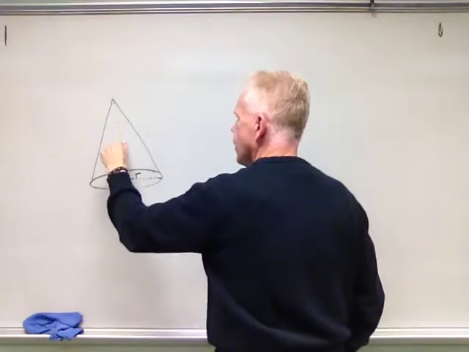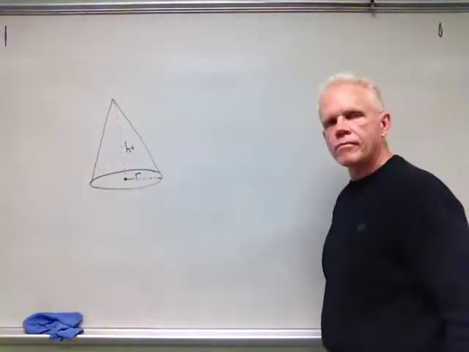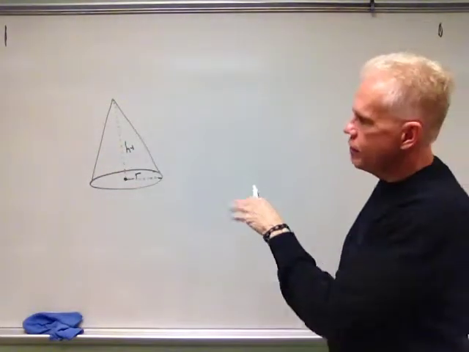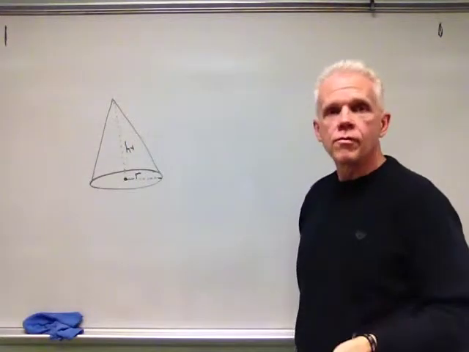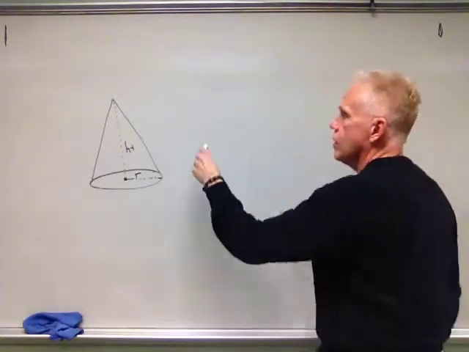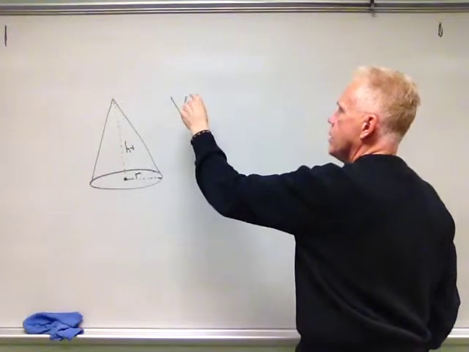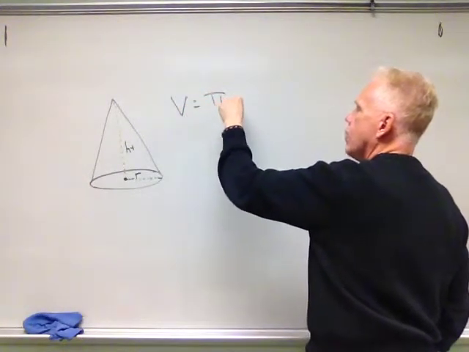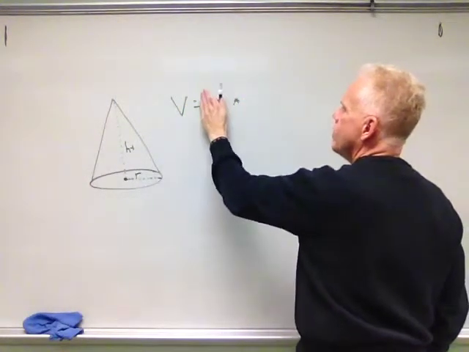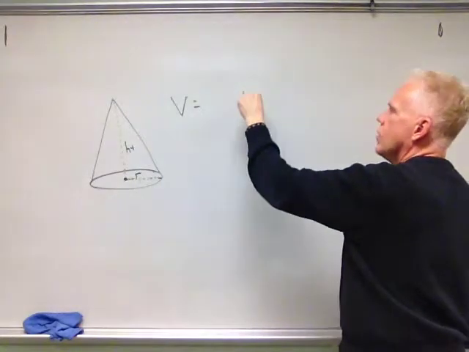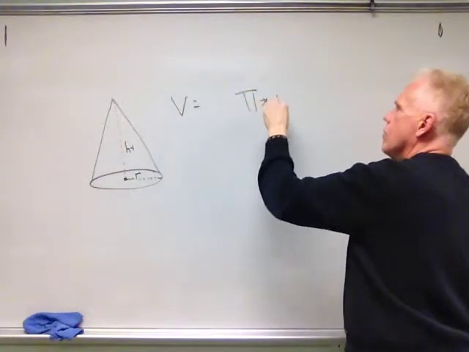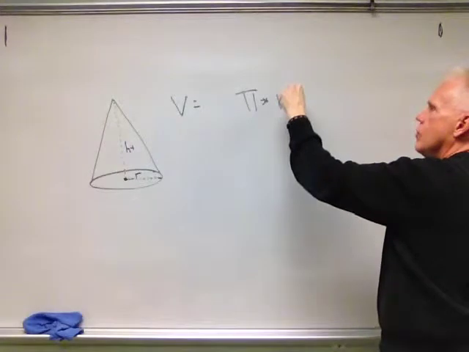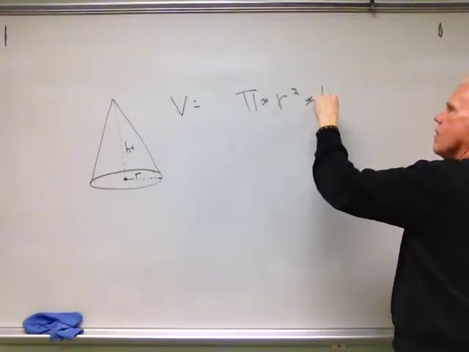In fact, the formula for the volume of a cone is very similar to the formula for the volume of a cylinder. Our volume is going to equal pi times the radius squared times the height.